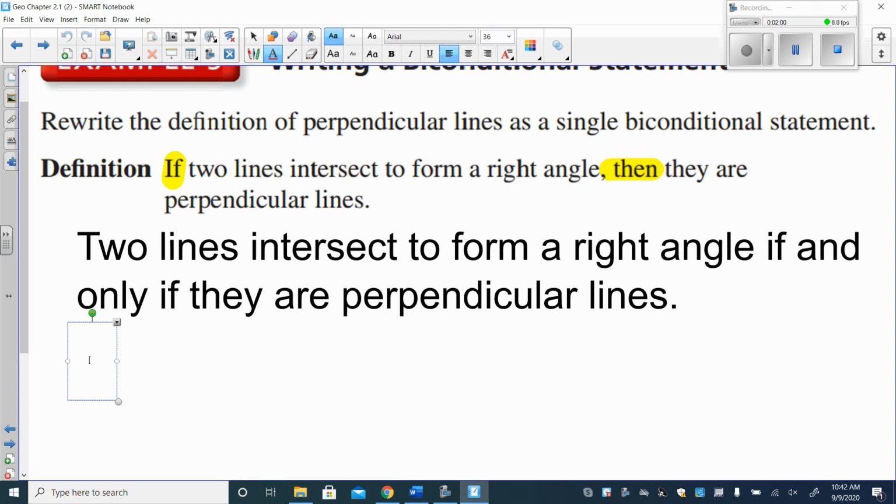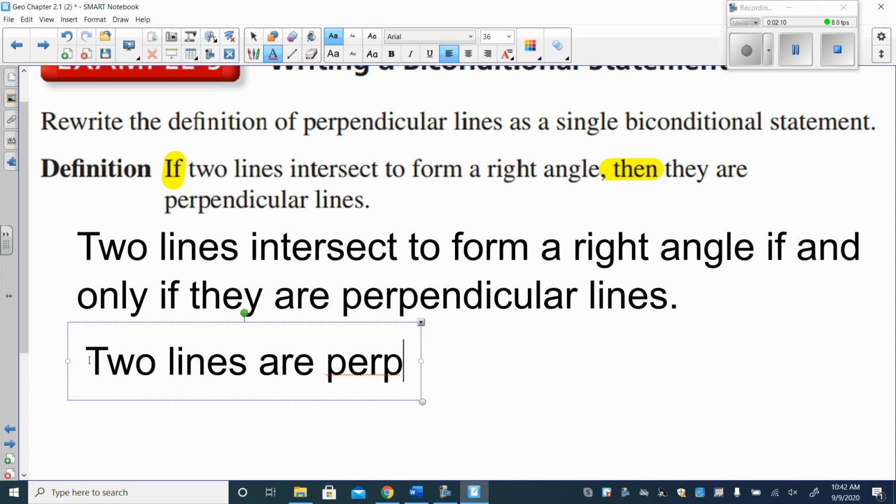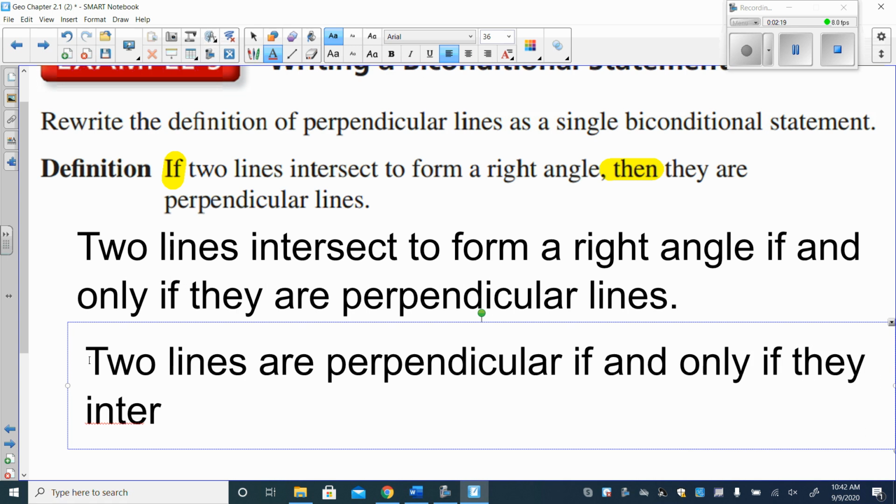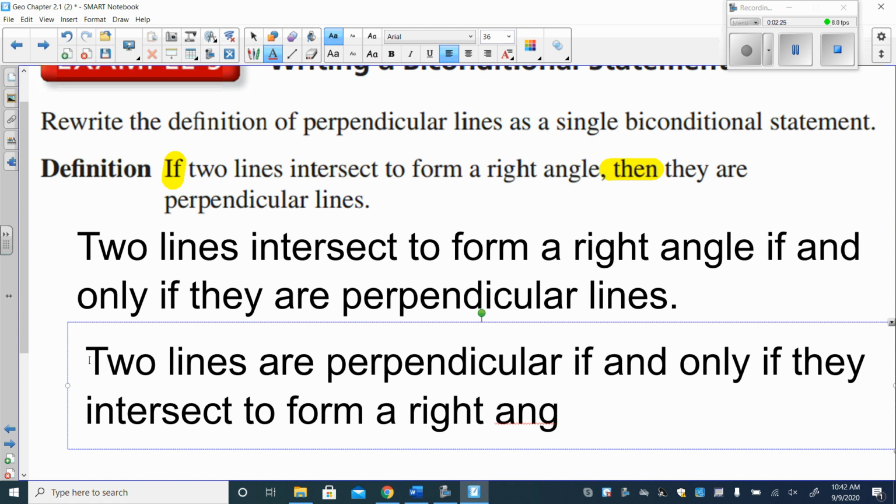Now, you might be wondering if we could do it the other way, they are perpendicular lines. Well, two lines are perpendicular if and only if they intersect to form a right angle.